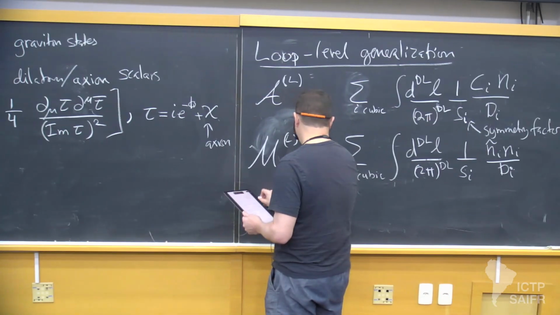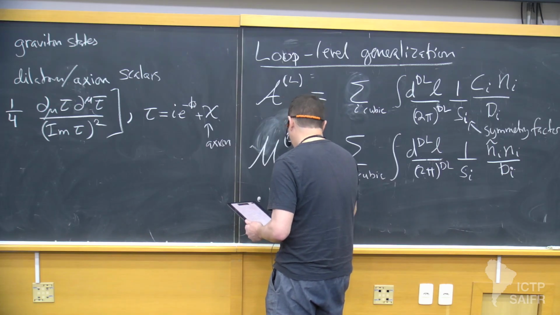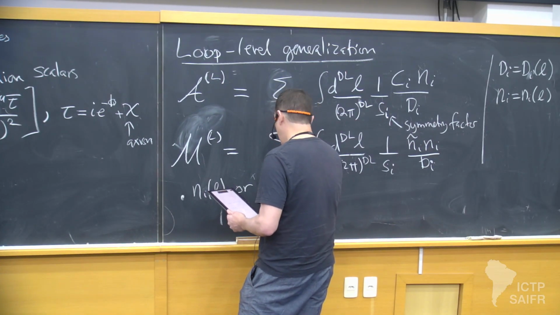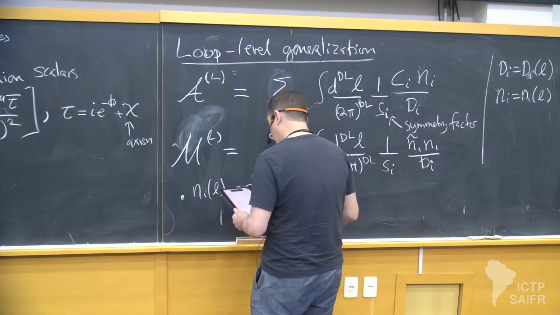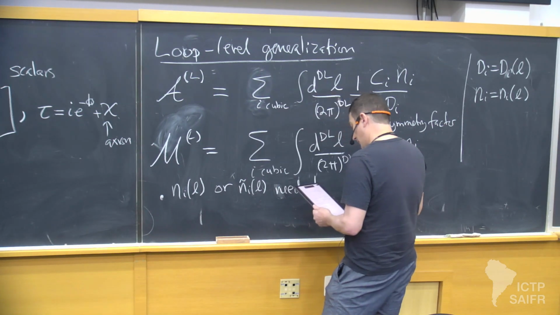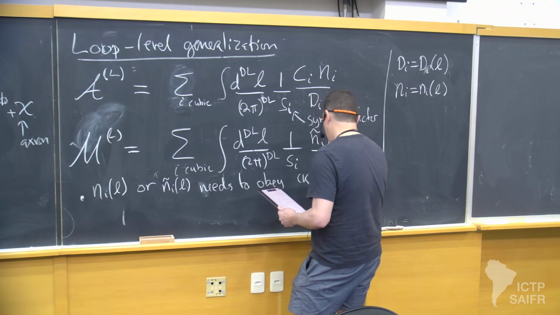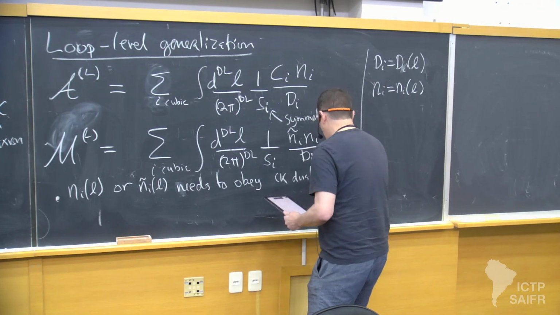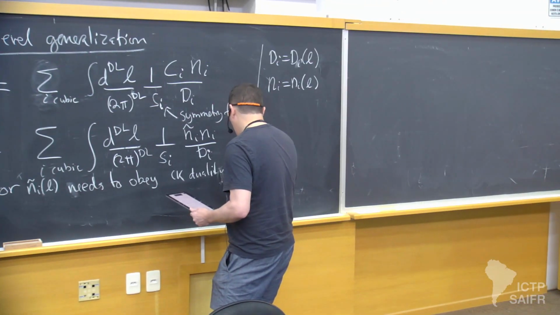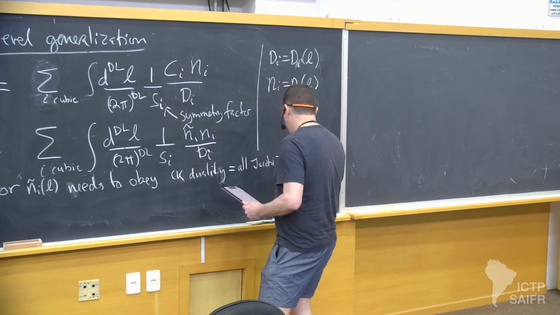So, yeah, an important aspect here is that Ni, let's also denote that it depends on L. Let's say Ni or Ni twiddle needs to obey color-kinematics duality, which means basically all Jacobi identities satisfied.